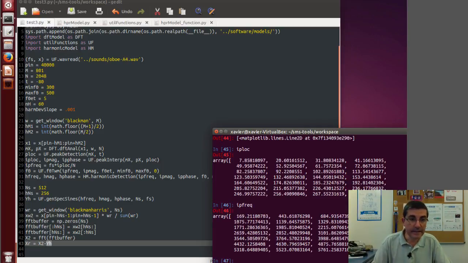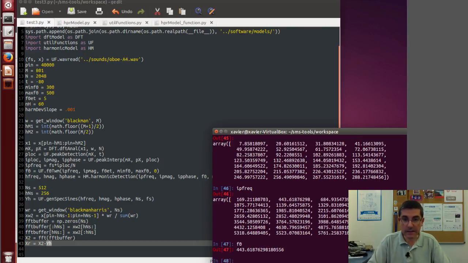Okay, then this has gone to the f0 detection. So it has identified the fundamental frequency, and the fundamental frequency has been chosen to be 443 hertz, which makes sense. We're analyzing a note, an A4.